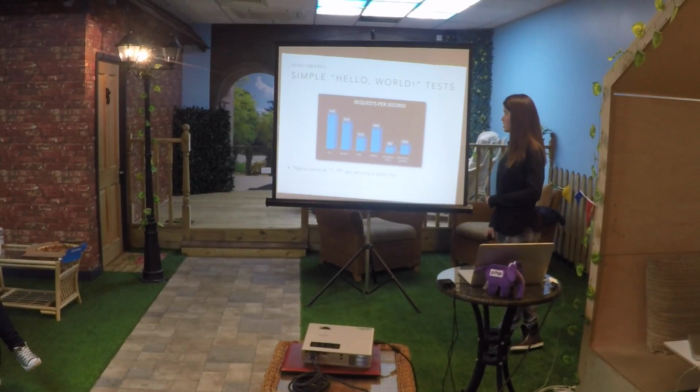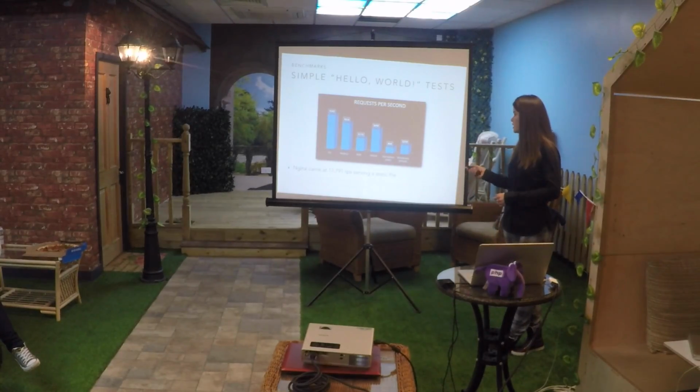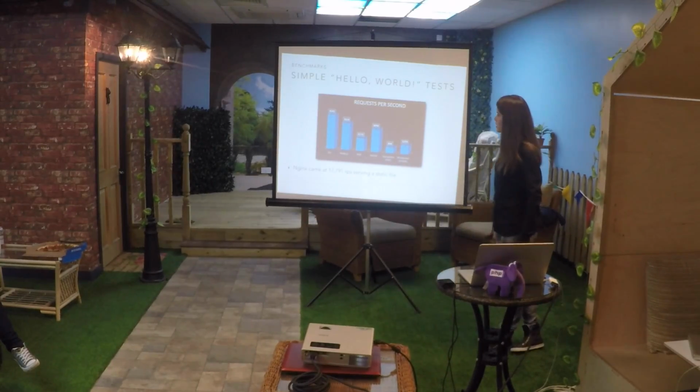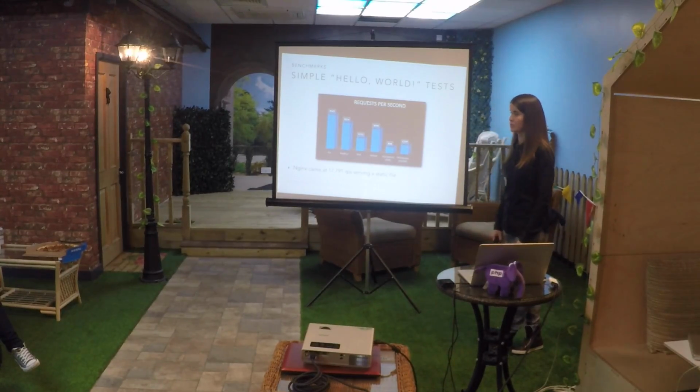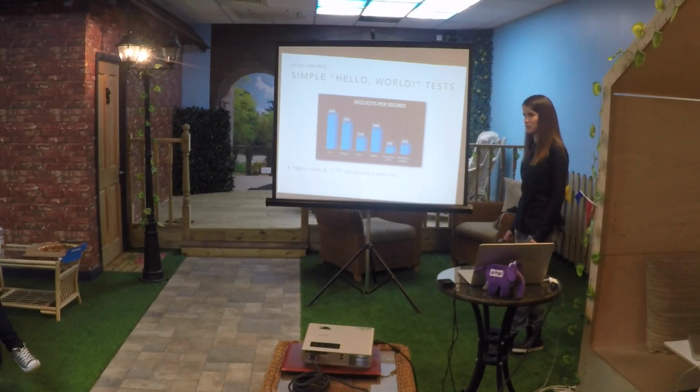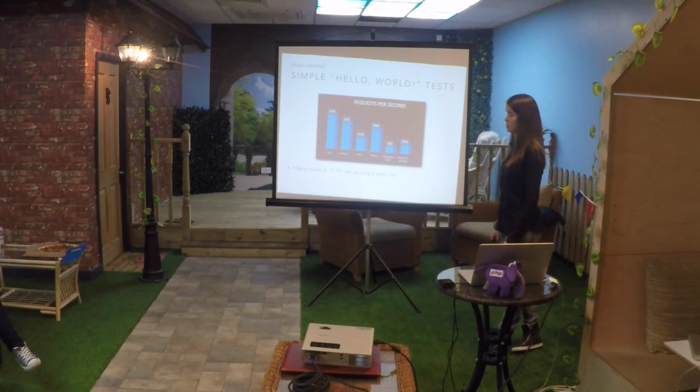It's just a simple Hello World app, and you can see that Go did over 4,500 requests per second. Compare that to vanilla PHP, which is the third thing from the left, just under 2,000 requests. So Go came out twice as fast as vanilla PHP here, which, to be honest, is not that surprising, because it is a compiled language. It's just by definition going to be a bit faster than interpreted PHP.